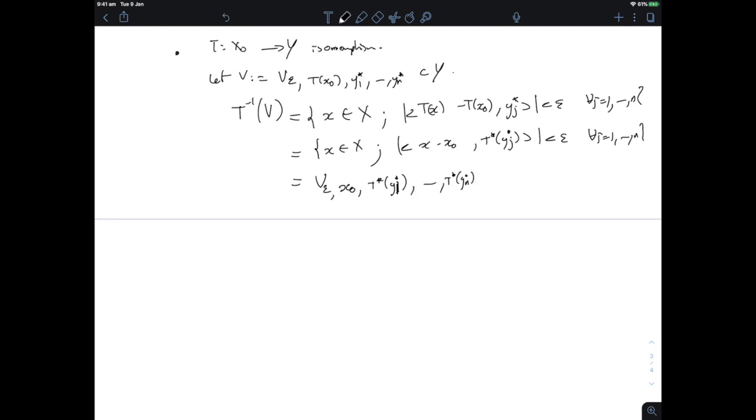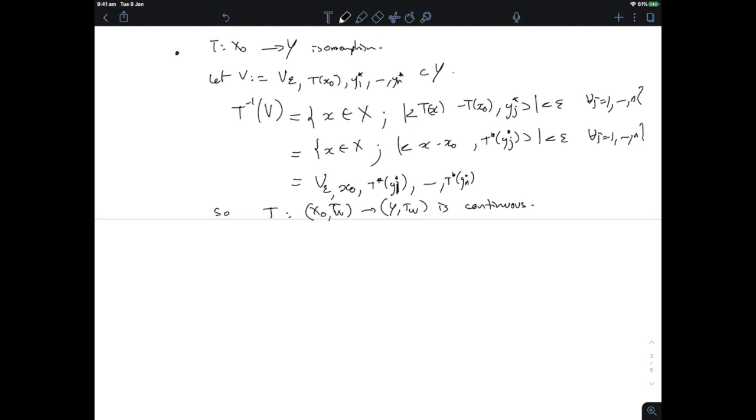Okay, so the inverse image of a neighborhood in the weak topology of Y is a neighborhood in the weak topology of X naught. That is to say that T, seen as a map from X naught with its weak topology to Y with its weak topology, is continuous. But okay, if I have a continuous map between two topological spaces, it sends compact sets to compact sets.